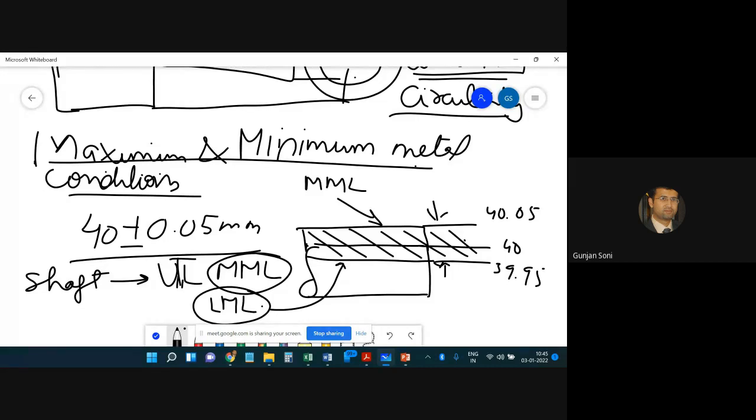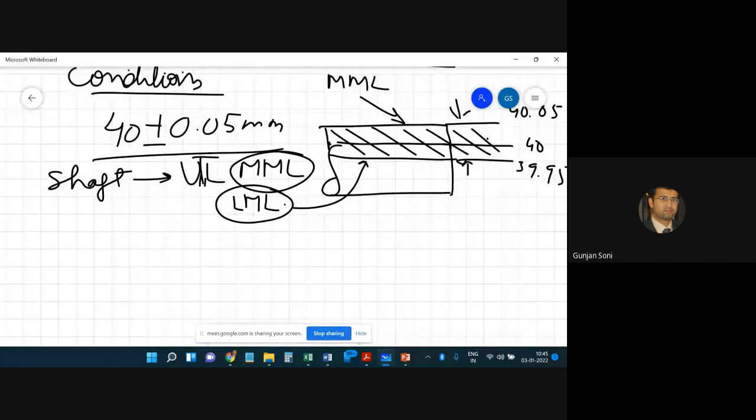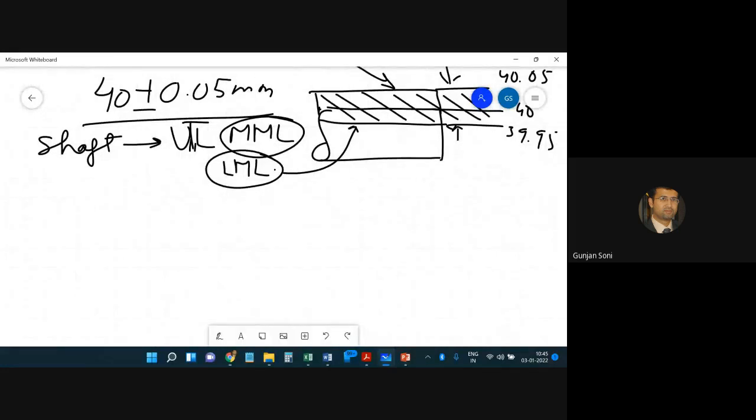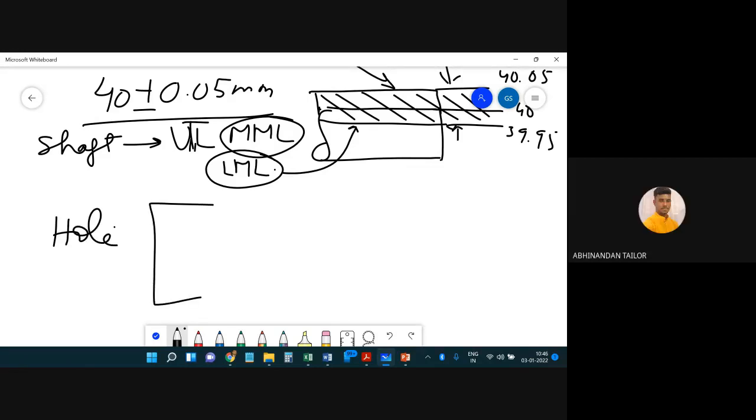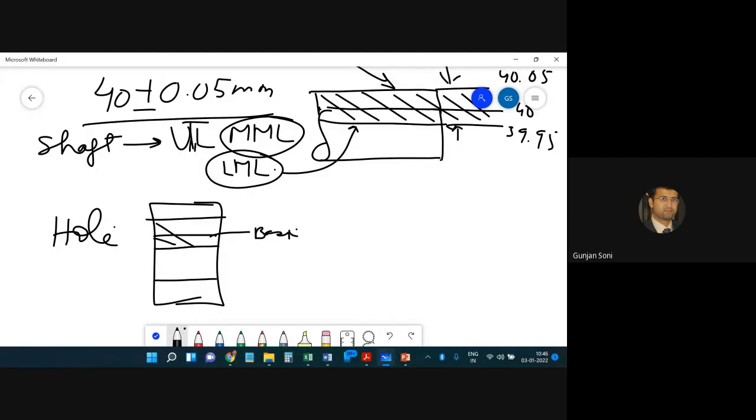If this dimension is for a hole, what will be the maximum metal limit? If it's a hole like this, let's say this is your basic size of 40 and this is your tolerance zone. The upper limit of the hole will be 40.05 and the lower limit of the hole will be 39.95.